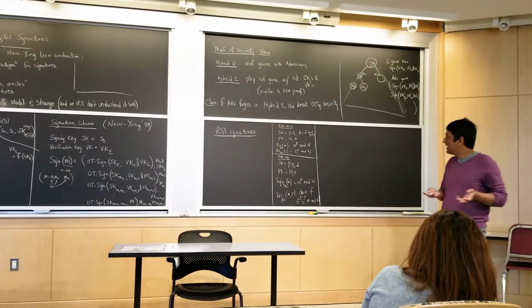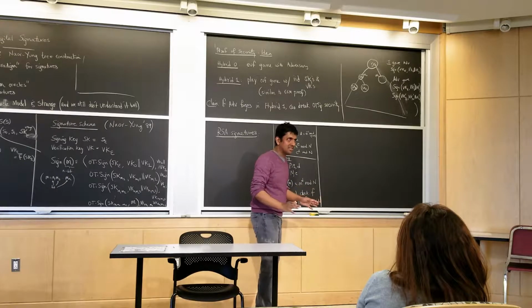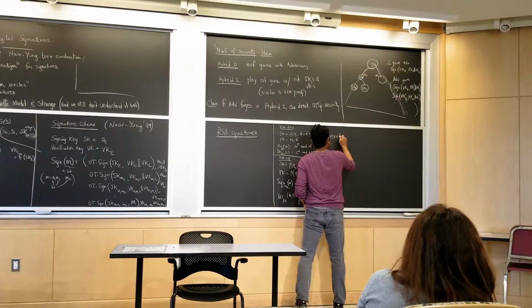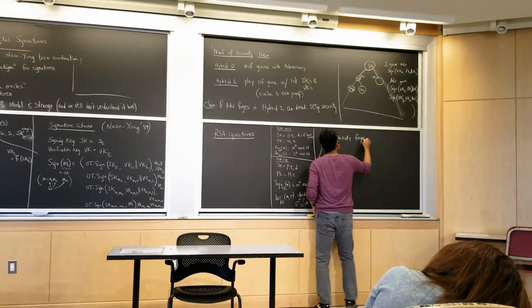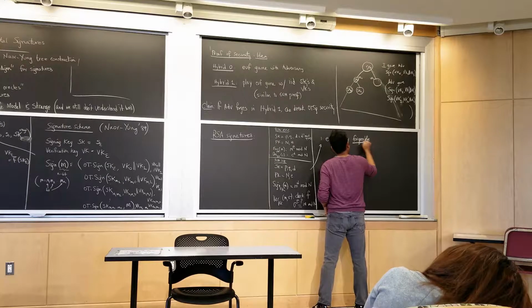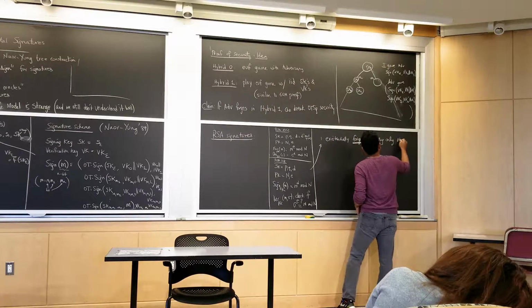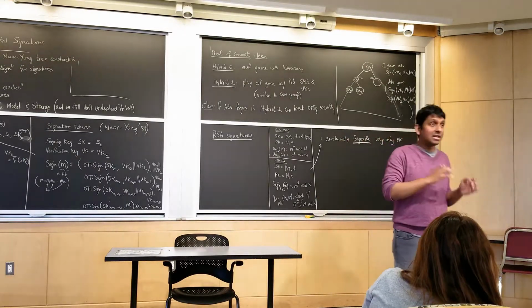So these are not good for several reasons. This is one reason: this is existentially forgeable using only the verification key. I don't give you even one signature, and you can forge.